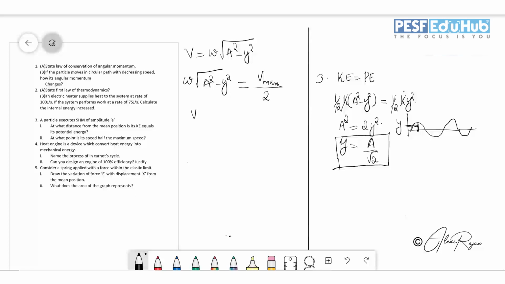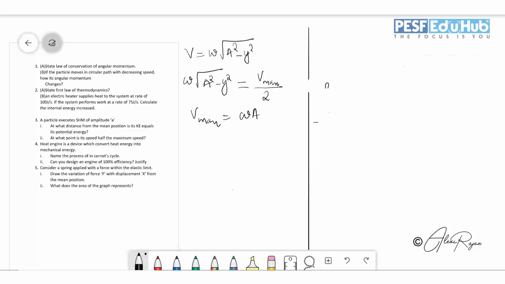That is V max is equal to omega a, plus or minus is there. So V max is equal to omega a. So from here, omega root a square minus y square will be equal to omega a by 2.